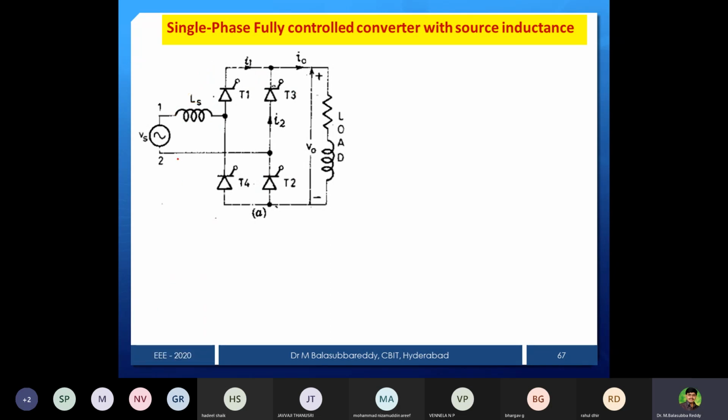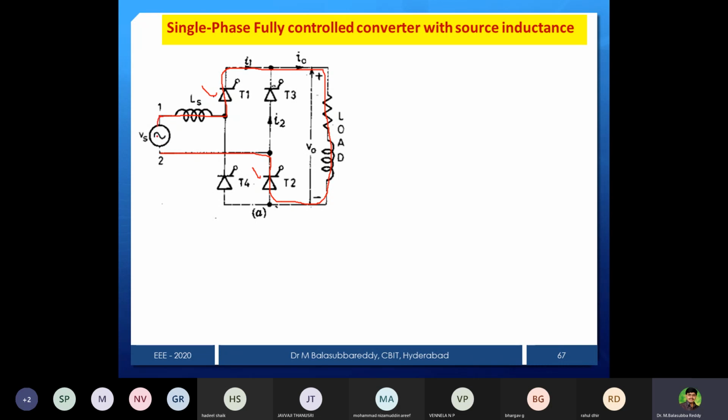Whenever it is the positive half cycle, T1 T2 will be forward biased. What is the conduction sequence? The supply goes to the Ls, then T1, then R, L, then T2 and out.